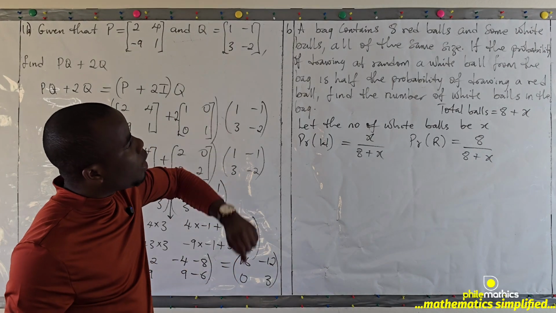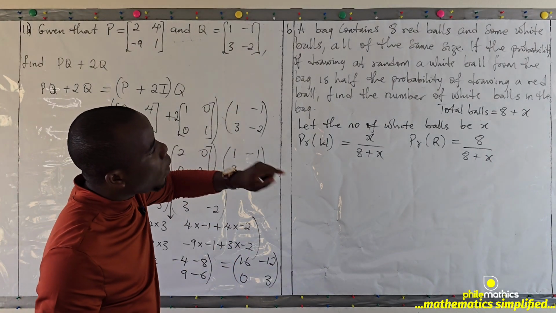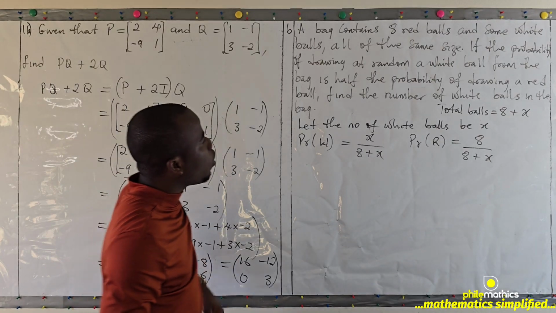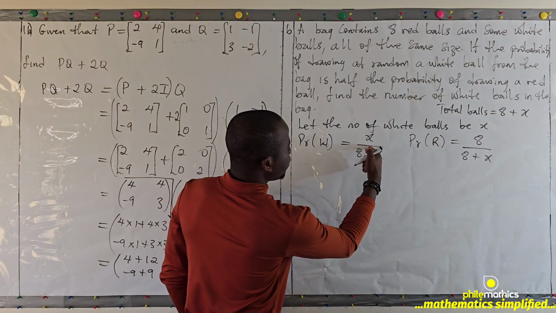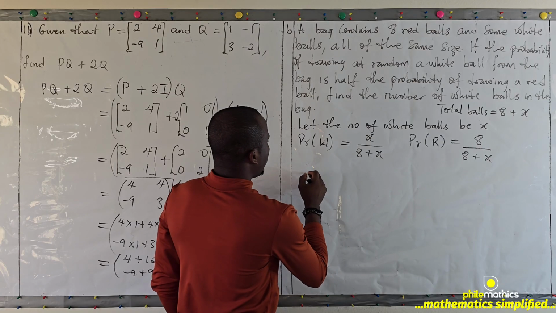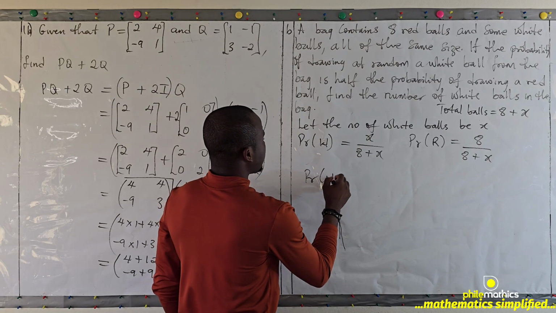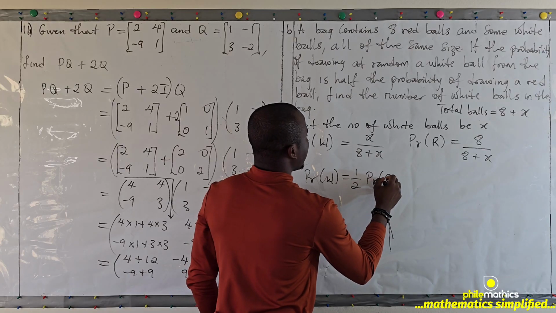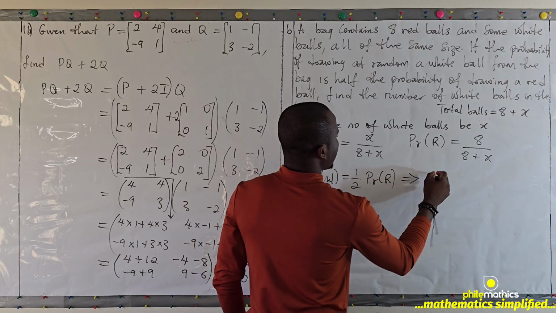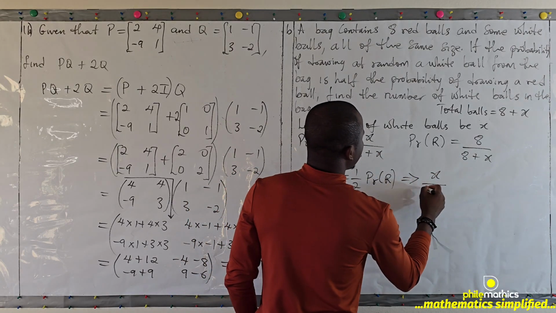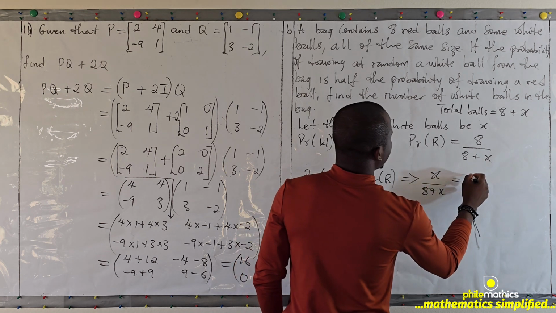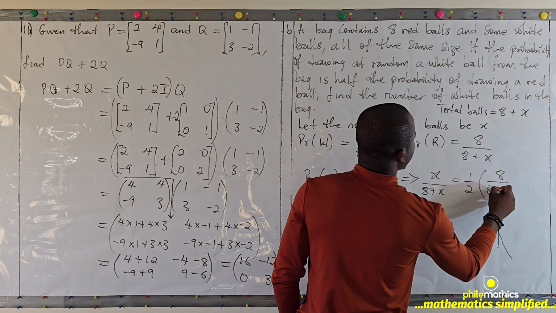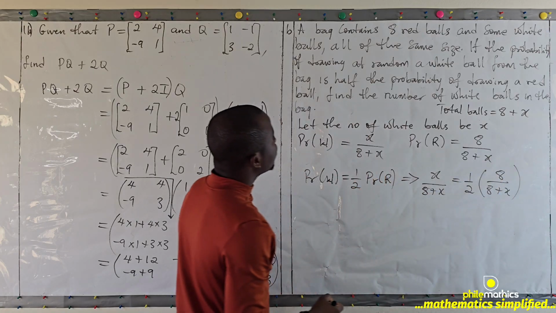So now the probability of drawing a white ball from the bag is half the probability of a red ball. So this probability of white is half the probability of red. That's what it says.